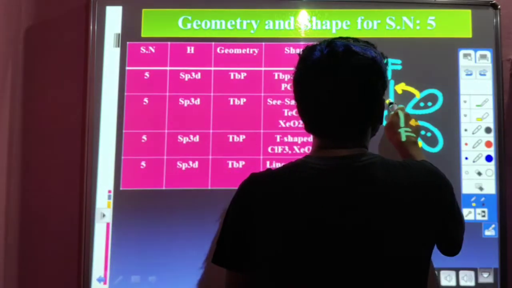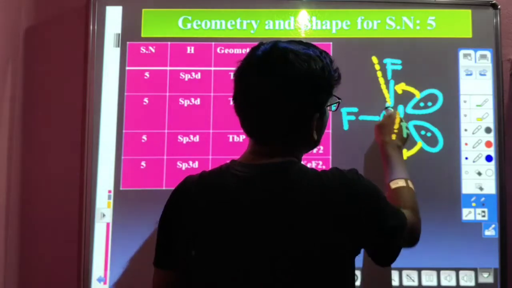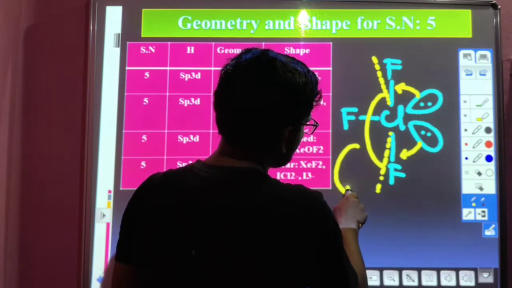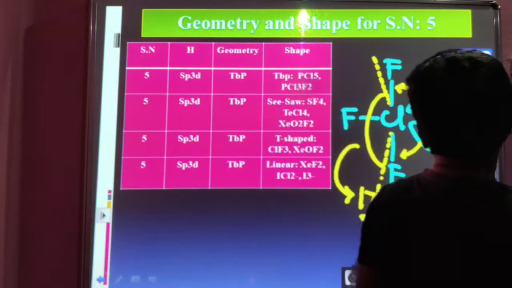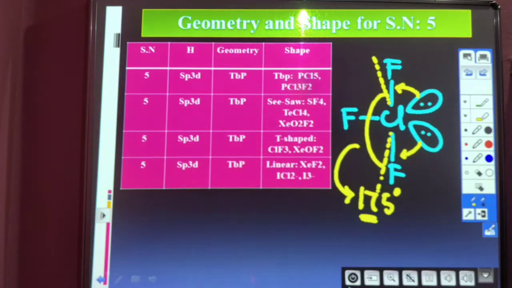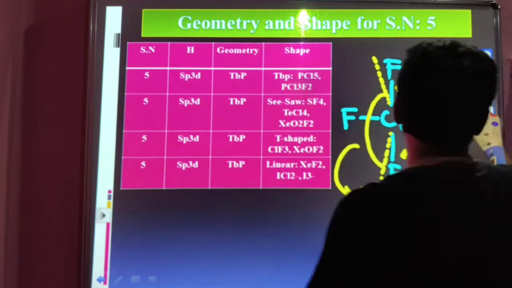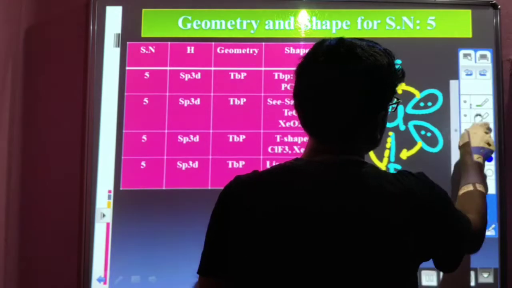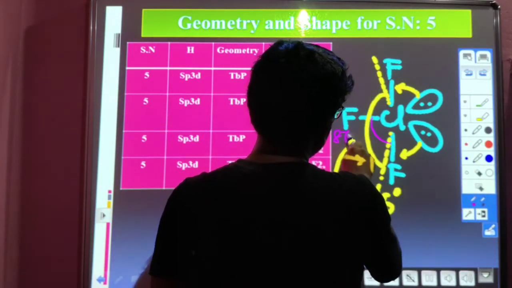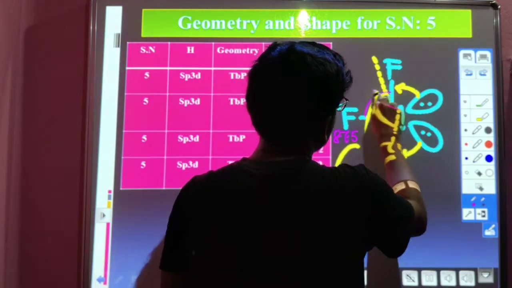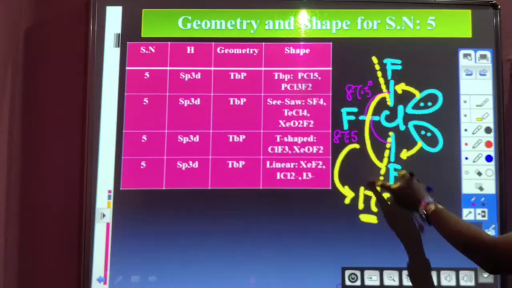Rather, better I'll show you this way. It is observed that this angle is 175. This is not 90 degrees, this angle is 87.5, and this is also 87.5 degrees, and altogether it will give you 175.